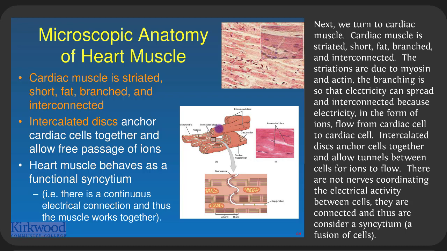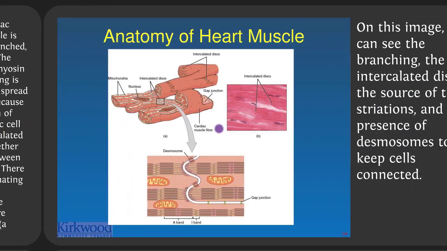Also, so these ions can flow from cell to cell to cell, often the nuclei are off to the side to get out of the way of that ionic flow. You'll see different people say different things about whether the nuclei are in the middle of the cell or off to the side. I tend to see it the way I want to see it, I suppose, which is they're off to the side because ions need to flow from cell to cell, and you don't want the nucleus right there in the middle disrupting that ionic flow.